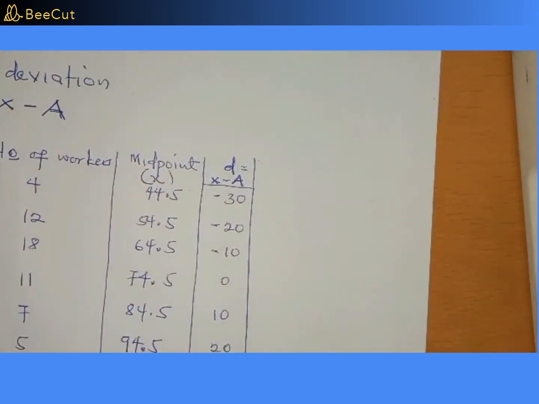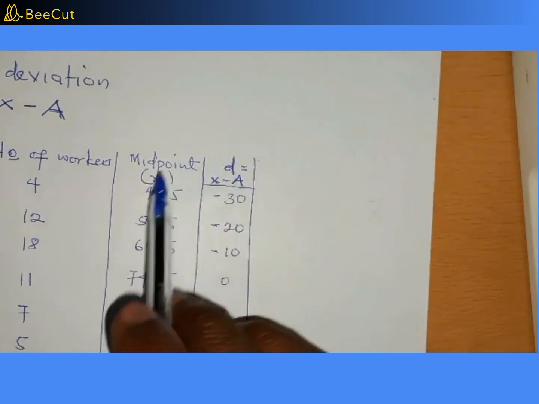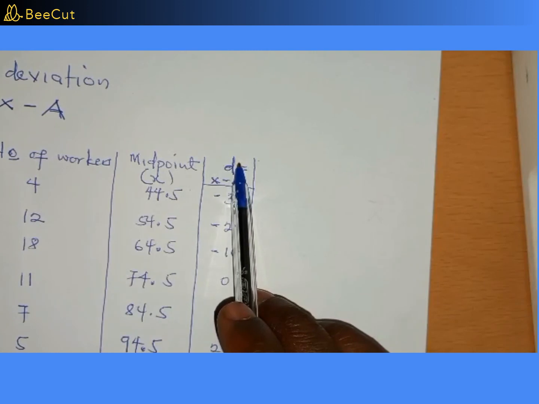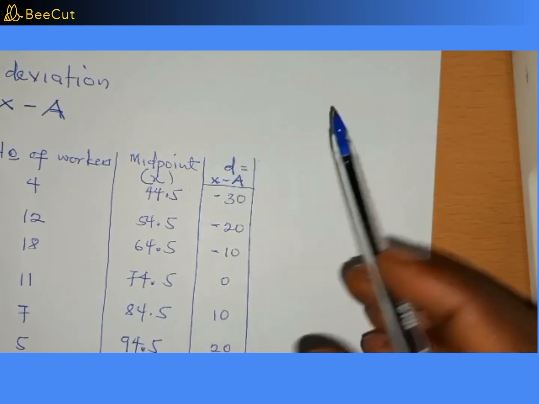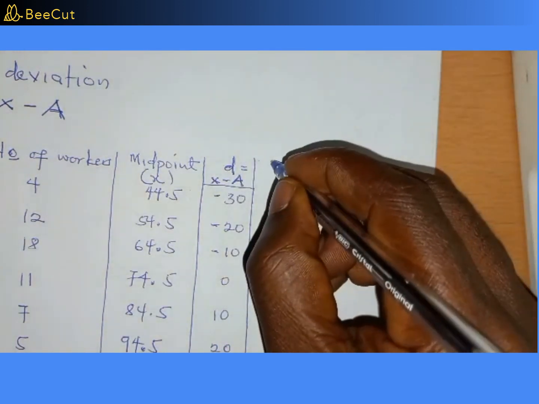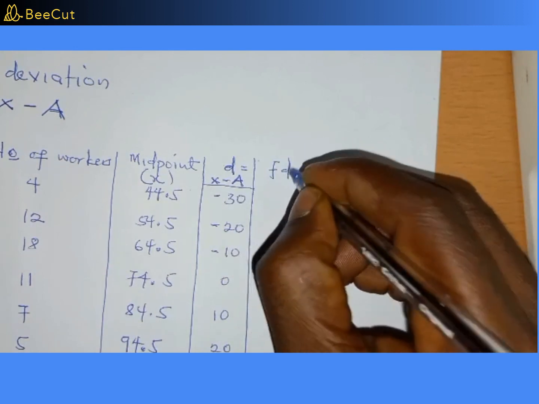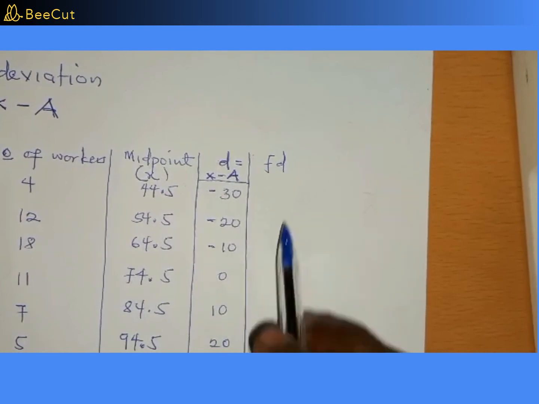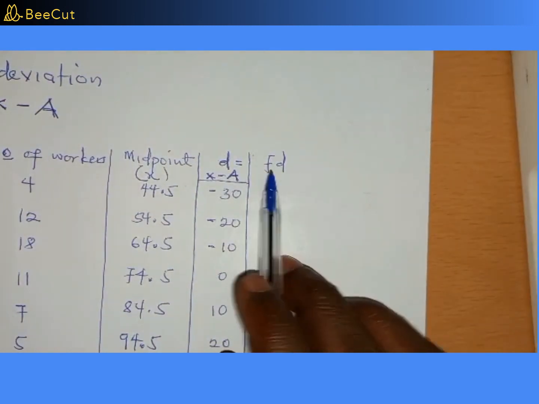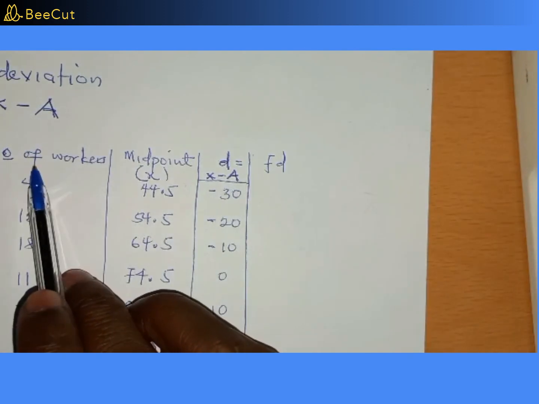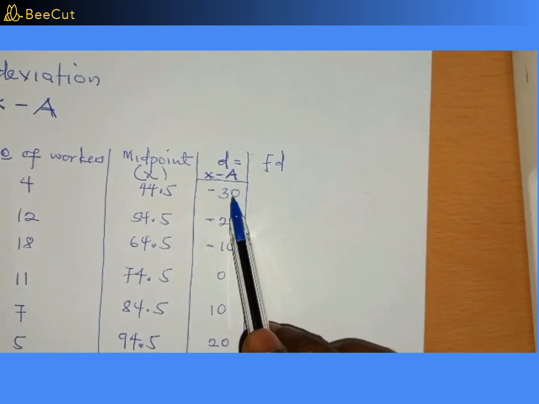Now, I earlier told you that to create a table, you need to pick the letters in the formula one after the other. So I'm done picking the D. The next table I'm going to create is what we call FD. Having FD simply means the frequency, that's the number of workers, times the deviation.